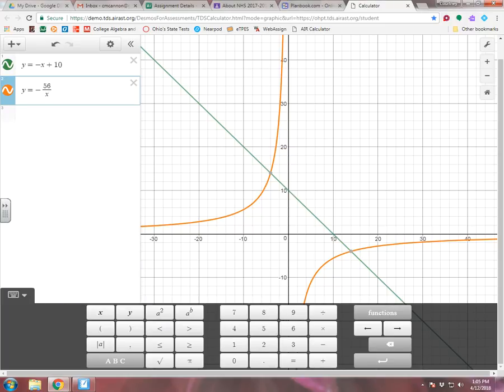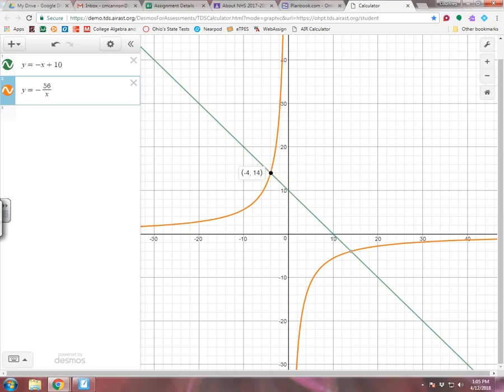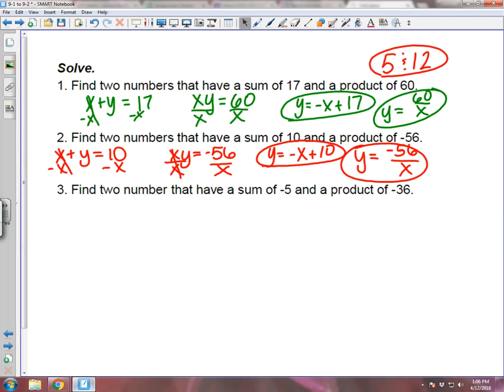Where they cross, and how many times do they cross? Twice. Now, hold on a second. In my last problem, the 2 points were the same numbers, just in a different order, right? Is that the same case here? Are they the same numbers, just in a different order? Yes.